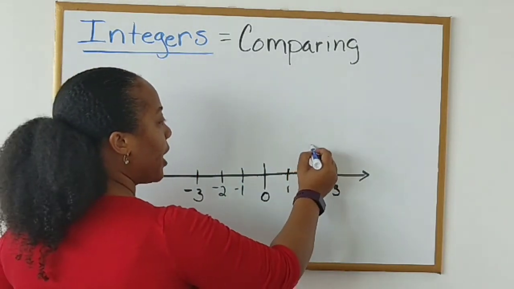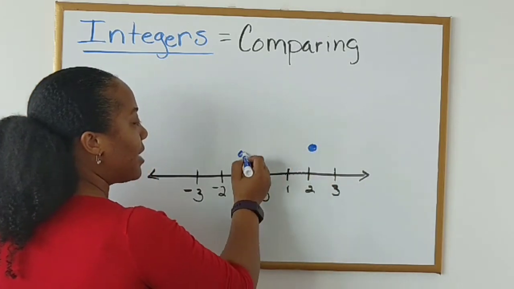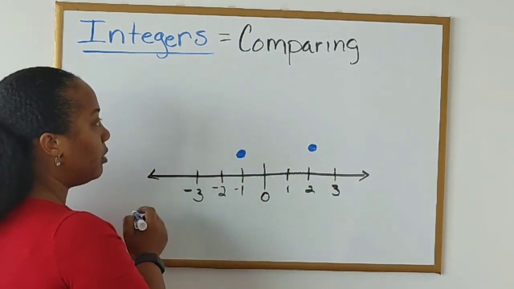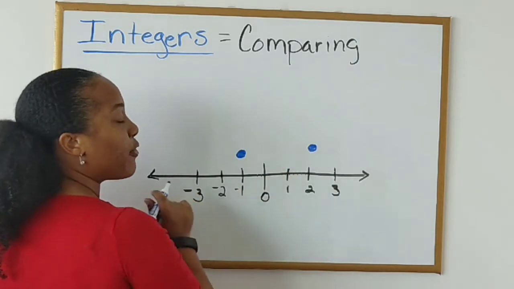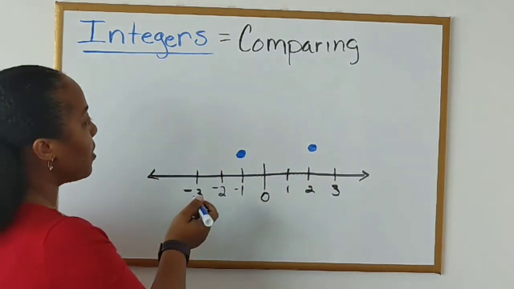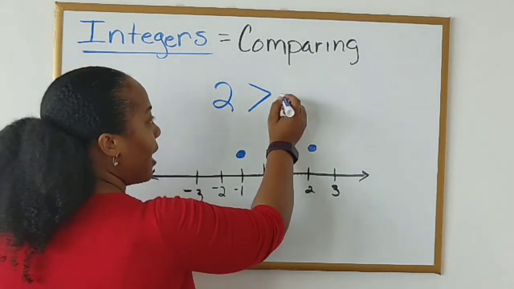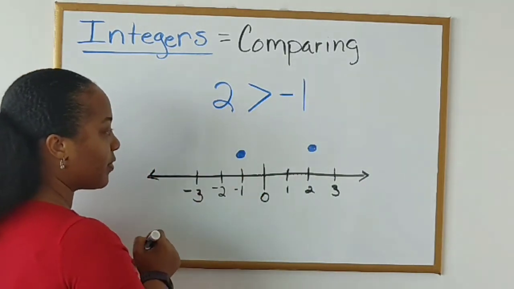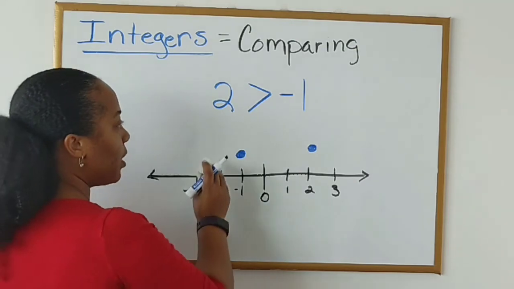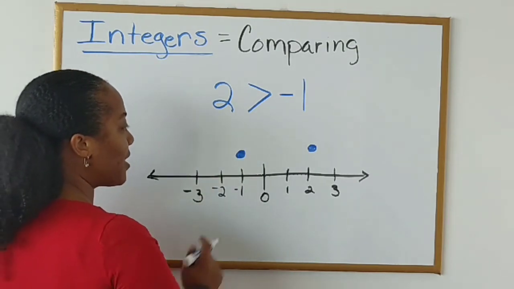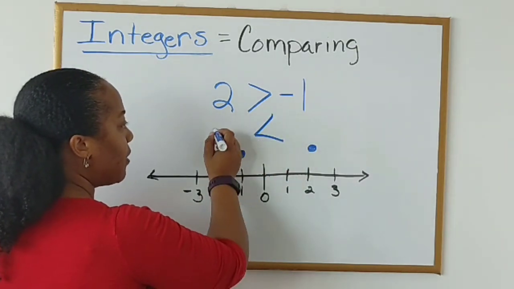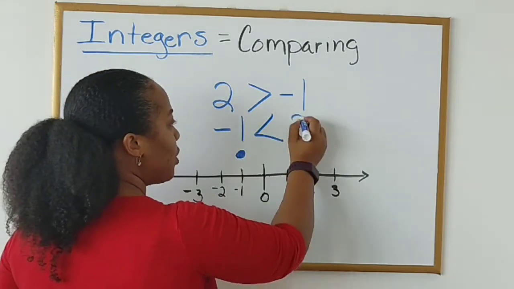Let's say we were comparing a +2 and a -1. Well, a +2 is furthest to the right, so therefore we know it is the greatest number. So 2 is greater than a -1. Just like we know, if we were to change this to less than, a -1 is less than 2.